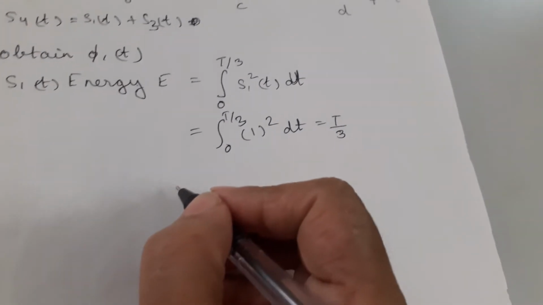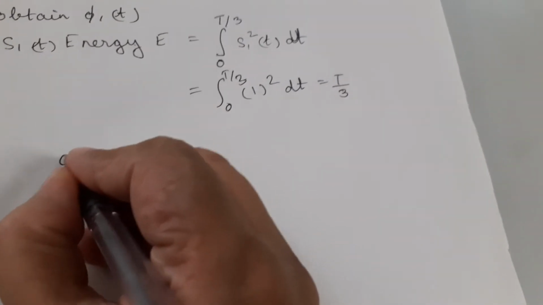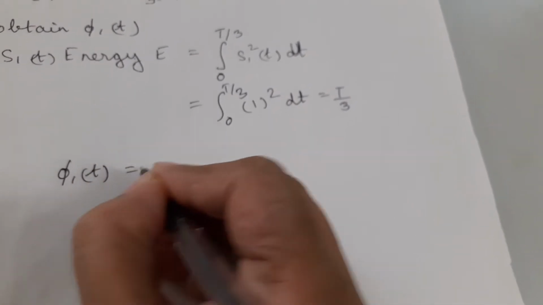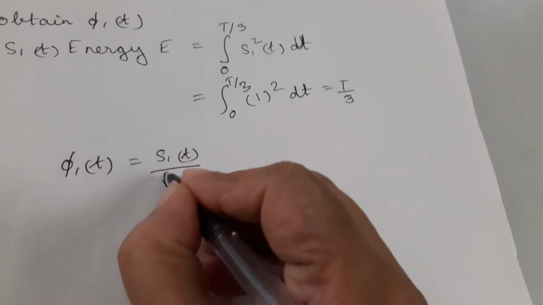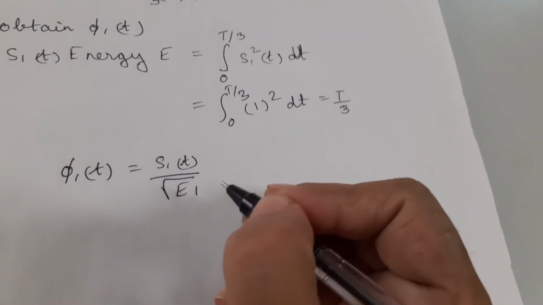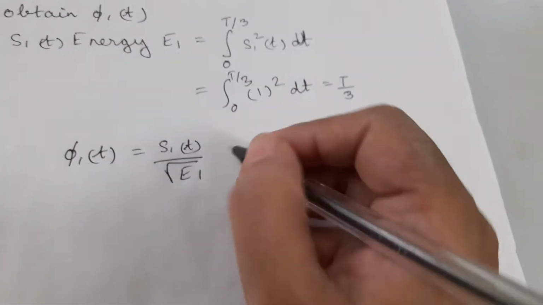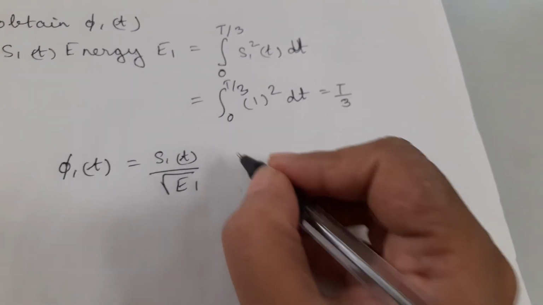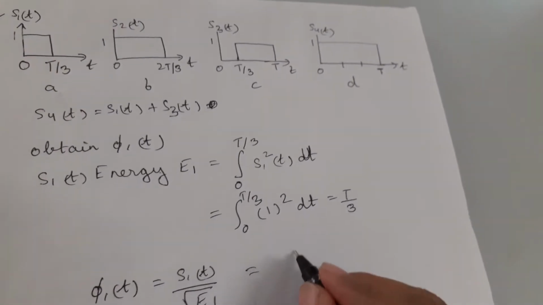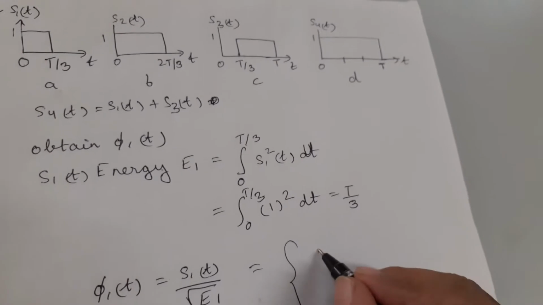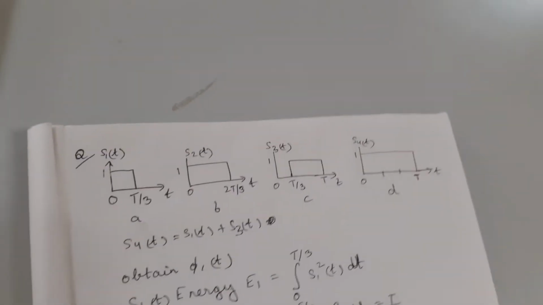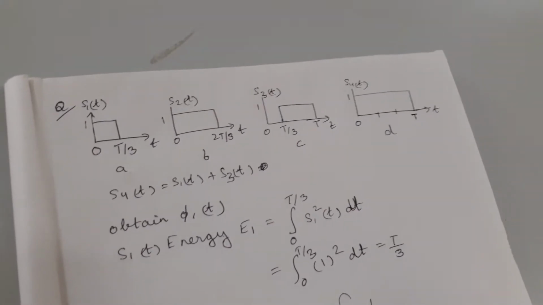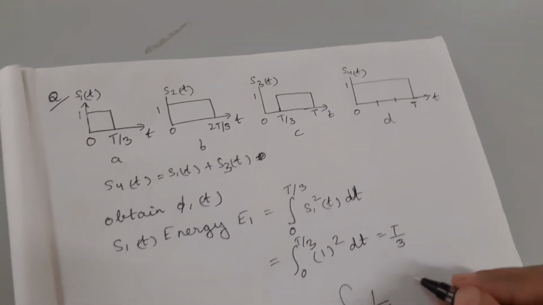So from the previous equation, as I told you, phi 1 of t will be equal to S1 of t divided by root E1. This is E1 here. So you can write this equation: this will be 1 over, since S1 of t is 1, root T by 3.